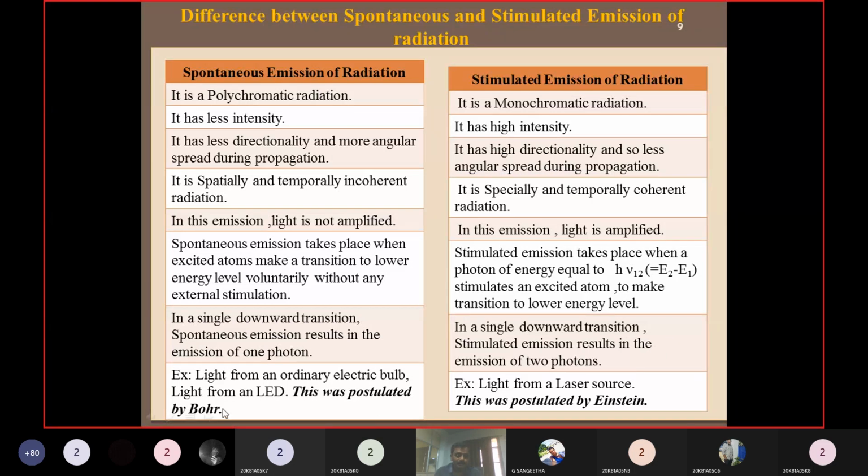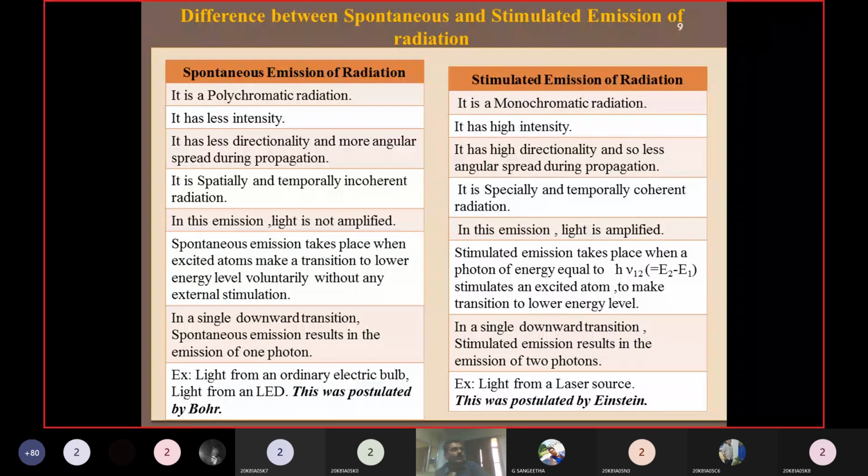Next, examples of spontaneous emission. If you take bulbs and LEDs, and the sodium bulbs also. Sodium bulbs actually have a single wavelength, but those are not spontaneous emission. That is also stimulated emission only.